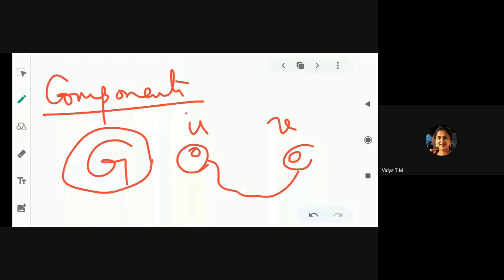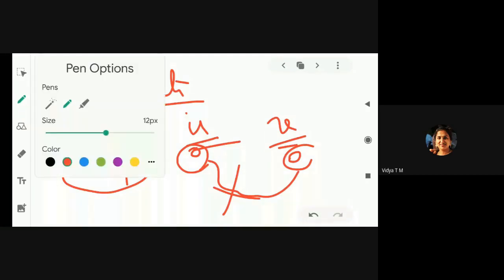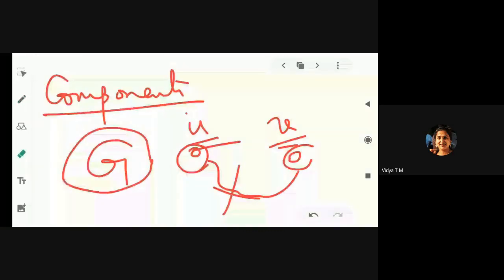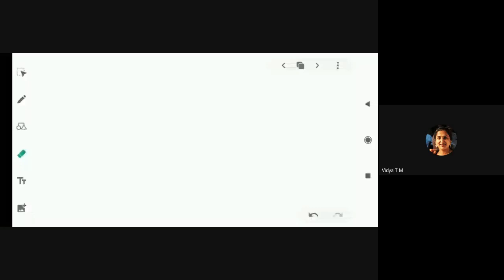Such a path is not there. At least one such pair of vertices must be there. If such a graph is there, then it will have more than one piece. But before that, in order to define components, I have to define what we call a subgraph.